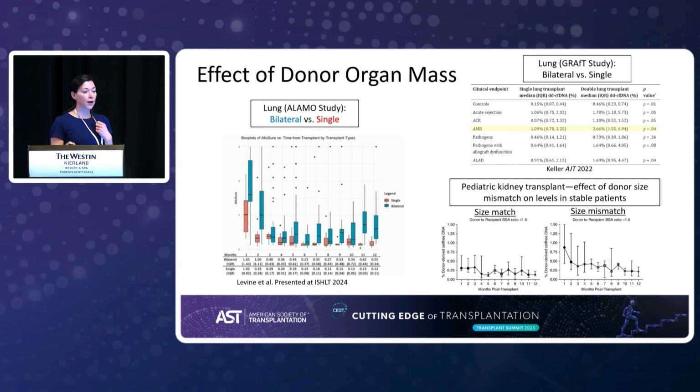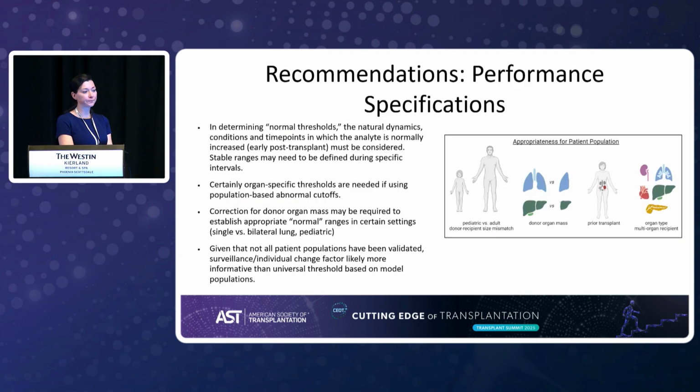What they showed, not unexpectedly but still important to demonstrate, was that the children who received a kidney from an individual who was much larger than them just had a higher baseline of donor-derived cell-free DNA than the pediatric recipients of a size-matched kidney.